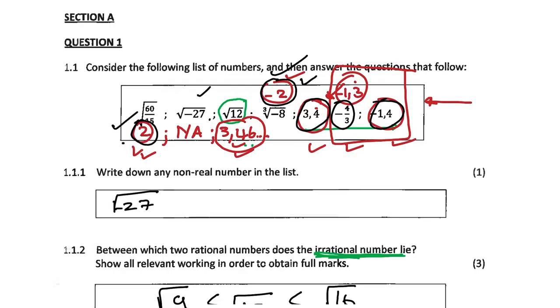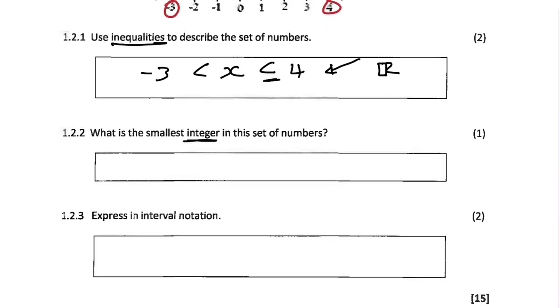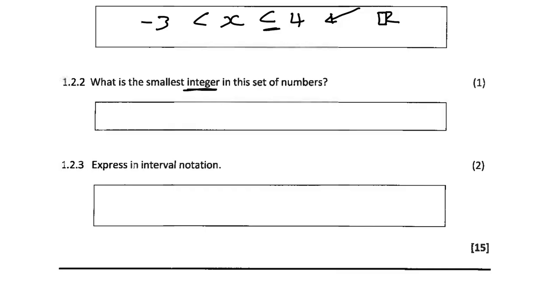These are the only integers we have, because those are the whole numbers we have. The smallest one is going to be this one, which is negative 2. But now you just write it as it is, which is the cube root of negative 8. So that is going to be our smallest integer. Or you can just also say, this is the same thing as negative 2. And that is going to be our smallest integer in the whole number set.